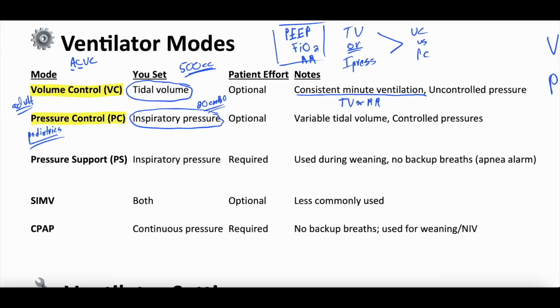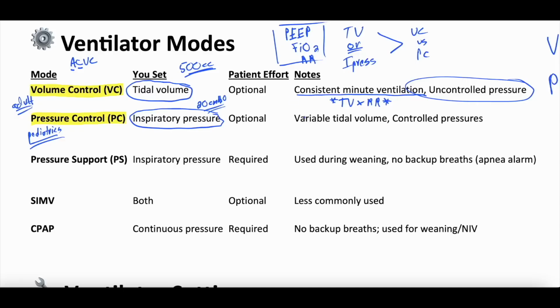So if you're breathing 12 times per minute and each breath you're getting 500 cc's, that times the respiratory rate is how many cc's of air you're breathing each minute. Because as we said, the tidal volume, you're setting it, and the respiratory rate, you're setting it. So these are two variables you're controlling. So there's a consistent minute ventilation. But the pressure, as we talked about, is uncontrolled. That peak pressure is dependent on the patient, their physiology, and it might change breath to breath.